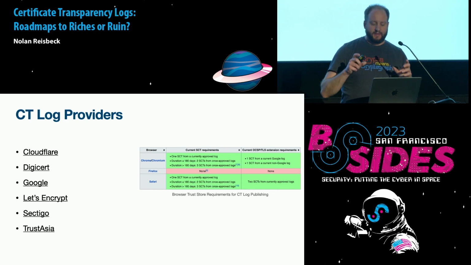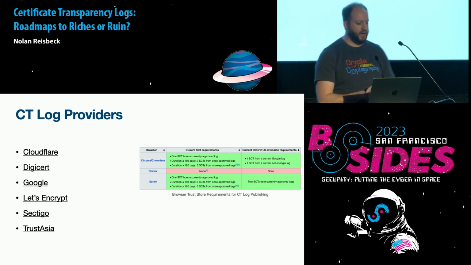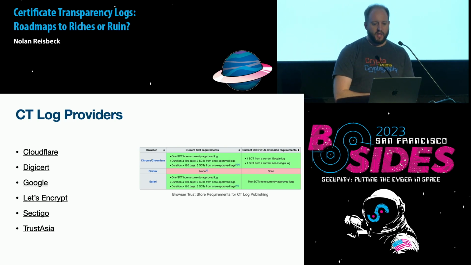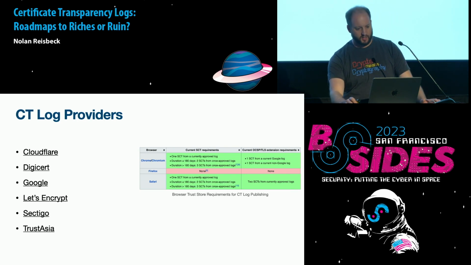For a certificate validity length of less than 180 days, it has to be published into 2 different CT logs. So those would ideally match up. And if they're issuing a certificate for longer than 180 days, which is pretty difficult to do these days, you can still get them on an EV certificate, but it has to be published to 3 different logs. So the CA can publish it to the Let's Encrypt log, they can publish it to DigiCert, and they can publish it to Sectigo if they'd like to. And that will return in Chrome a completely valid certificate.